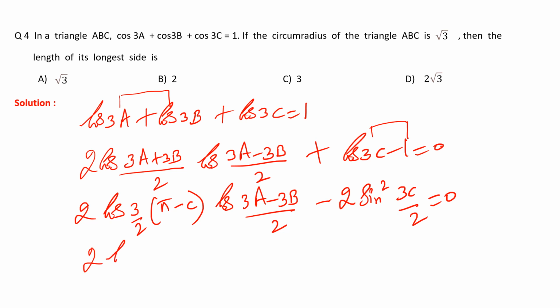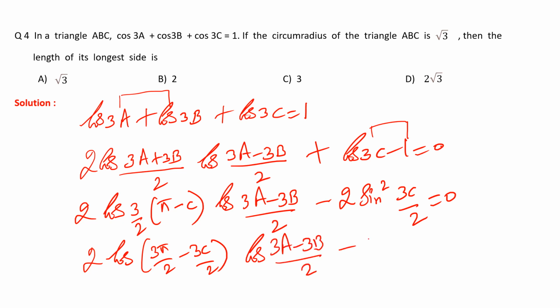Now this becomes 2 cos (3 pi by 2 minus 3C by 2) into cos (3A minus 3B) by 2 minus 2 sine square 3C by 2.